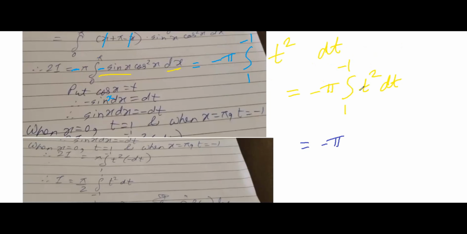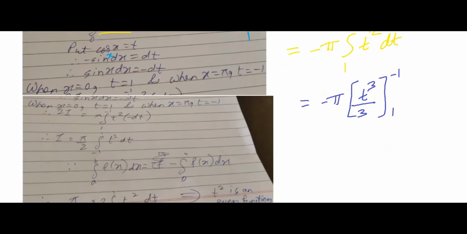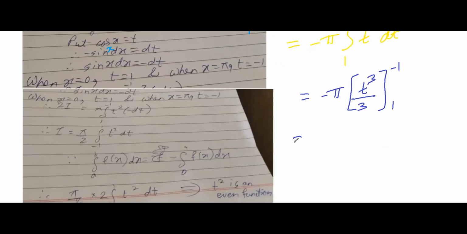Integration of t square is t cube upon 3, limit from 1 to minus 1. So here you will get minus pi, then minus 1 by 3, because minus 1 the whole cube is this. Put it in brackets, then again minus, and you will write 1 by 3.